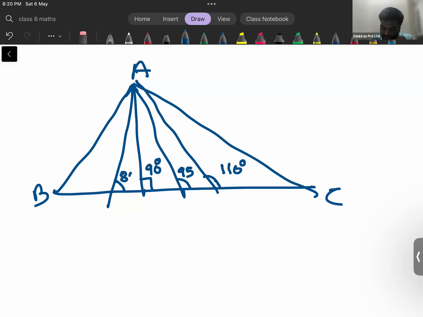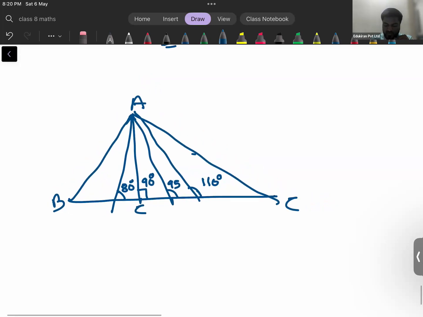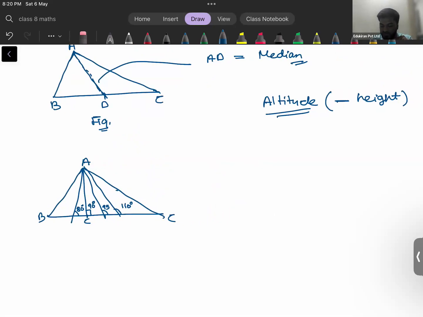And this one is 80 degrees. So which line will you use here to best define the height of this triangle? The line which is making 90 degrees with the base BC. So that is simply called the altitude. So this line AC here is the altitude, right?